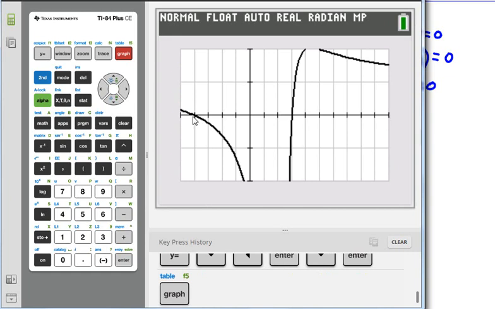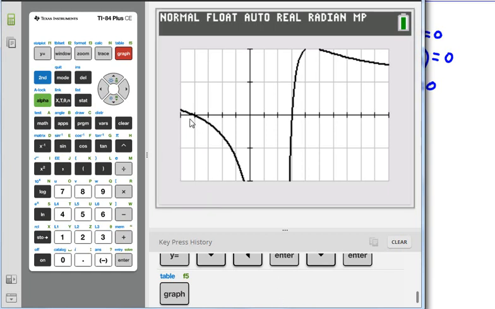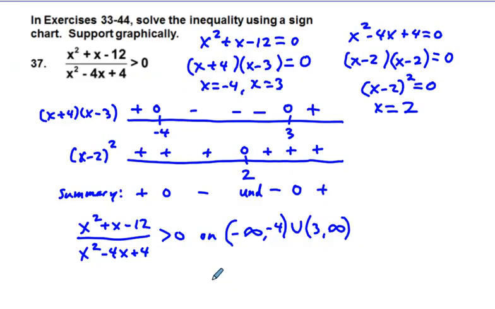Okay, greater than 0, is that what it was? Let's make sure it's right. Less than -4 were greater than 0, and also greater than 3. Let's check that out, that should be it. Yeah, so that checks out.